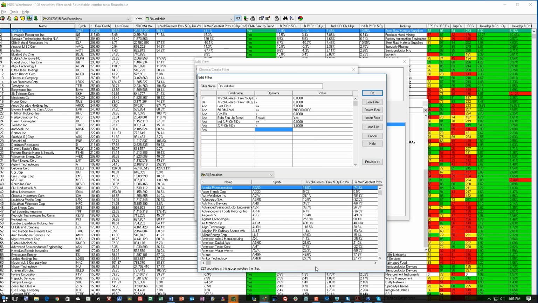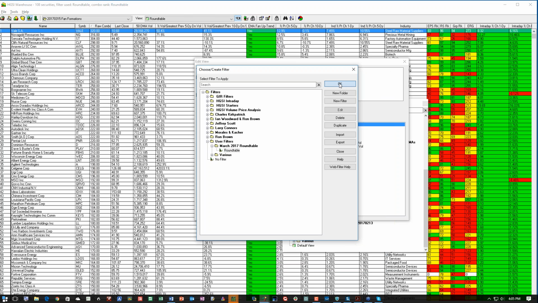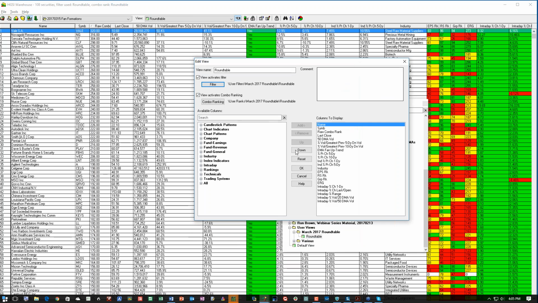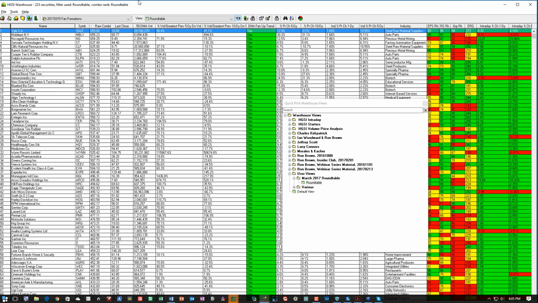Preview. So we're down to 223 securities that match this filter. So I'm just going to click on OK.